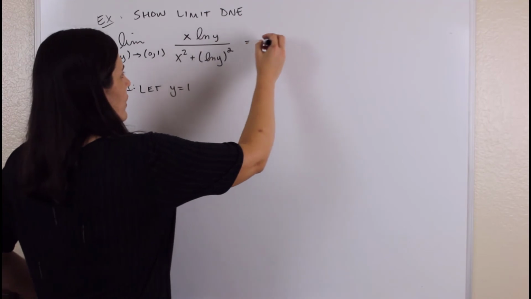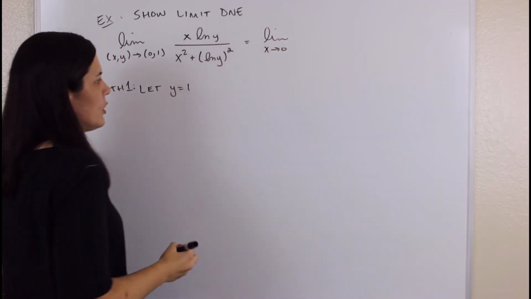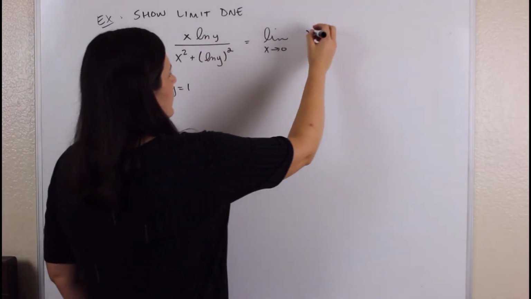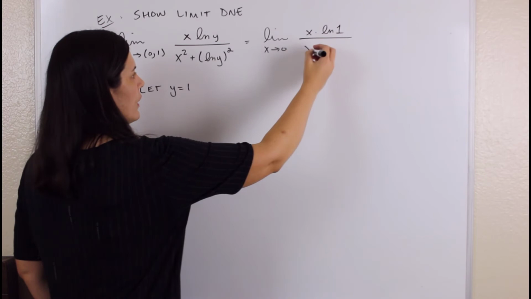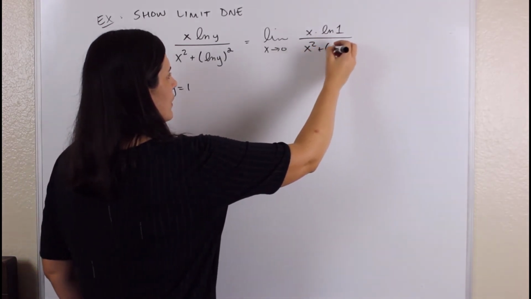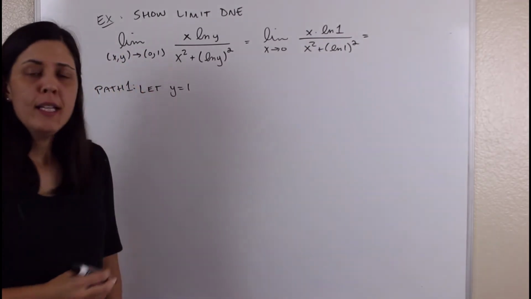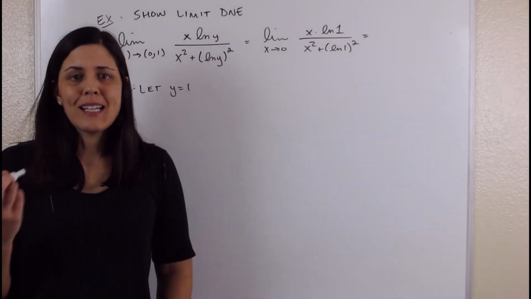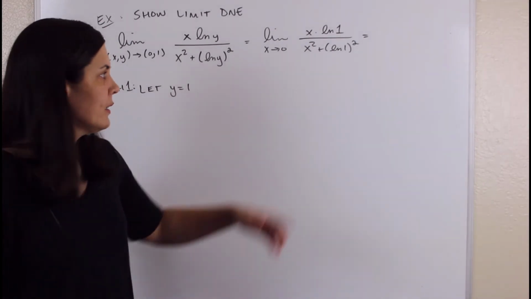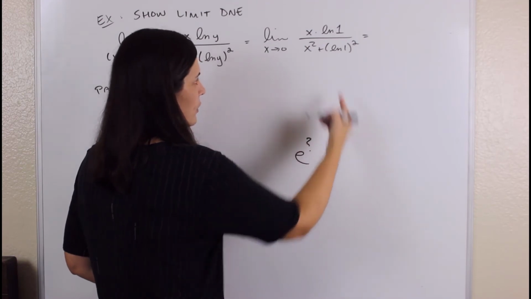So if I go right into my limit here, this is now the limit as x goes to 0, since y is 1, of x times natural log of 1 over x squared plus natural log of 1 quantity squared. Now simplify. Natural log of 1, if you remember, that's just 0. Because natural log is saying e to what power equals this number.